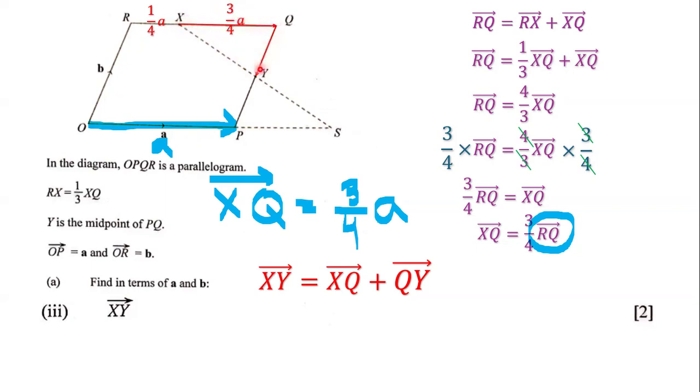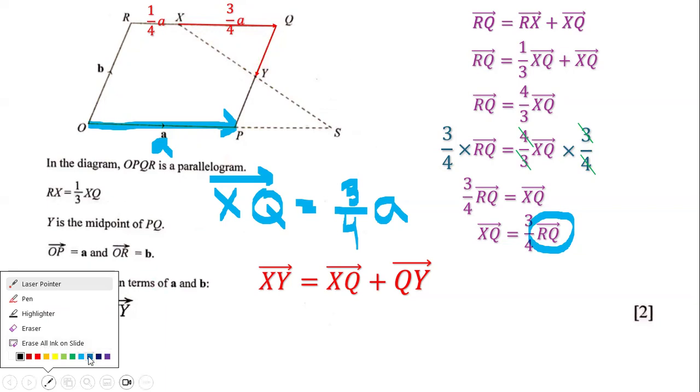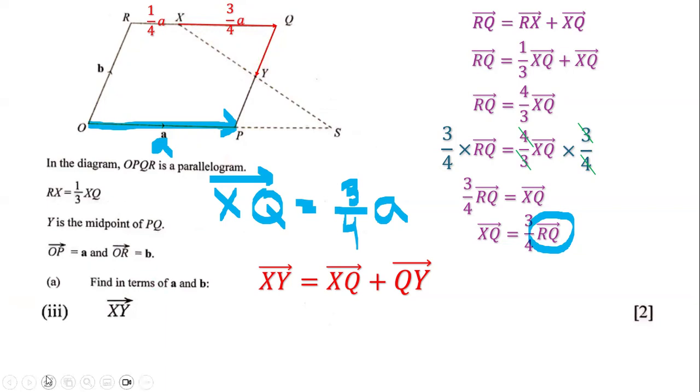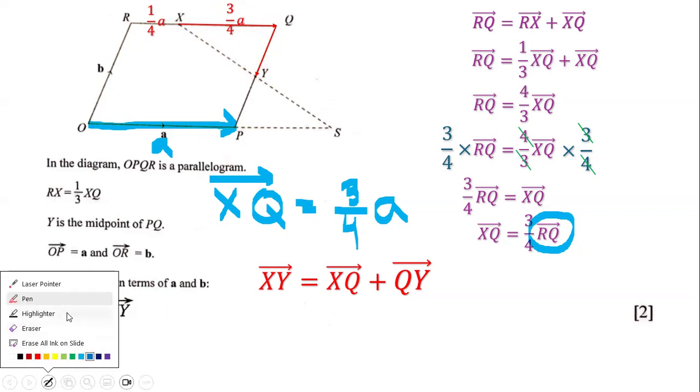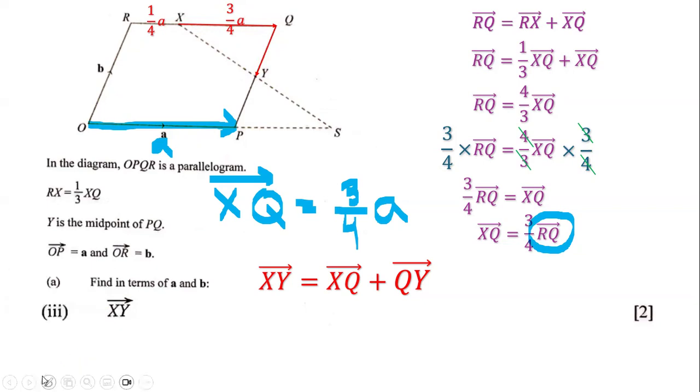What is QY? Well, the good thing is that we already know that, let me use a highlighter. The good thing is that we already know that this whole thing is B. But if we're going in this direction, it's going to be negative B.